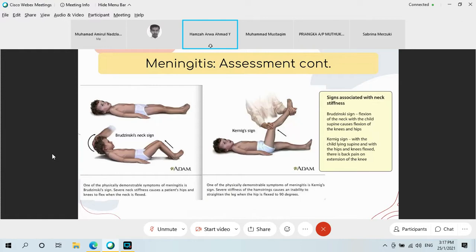For the Kernig sign, the child is also lying in supine position. The thigh is flexed at the hip and knee at a 90 degree angle. The subsequent extension of the knee is going to be painful. The child will show a sign of pain in his face, so that leads to resistance. Okay, next.